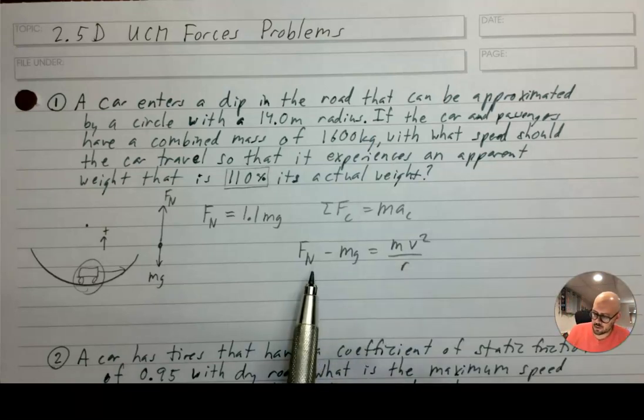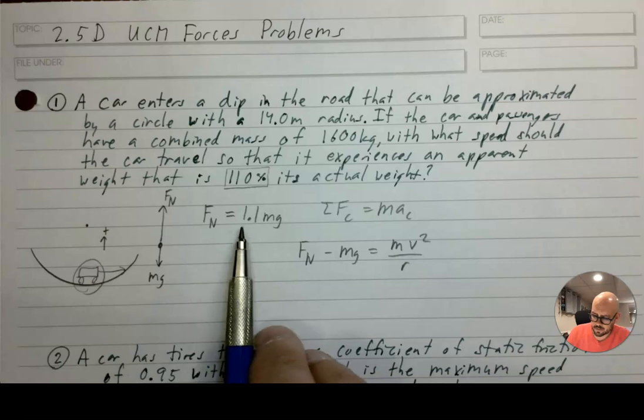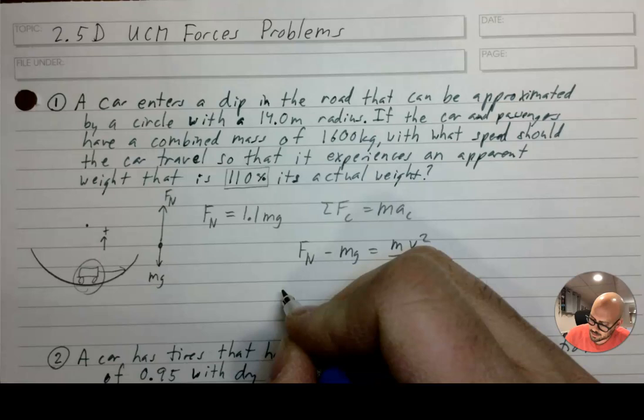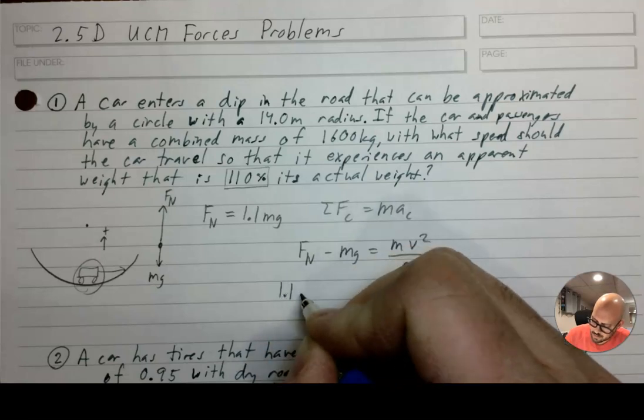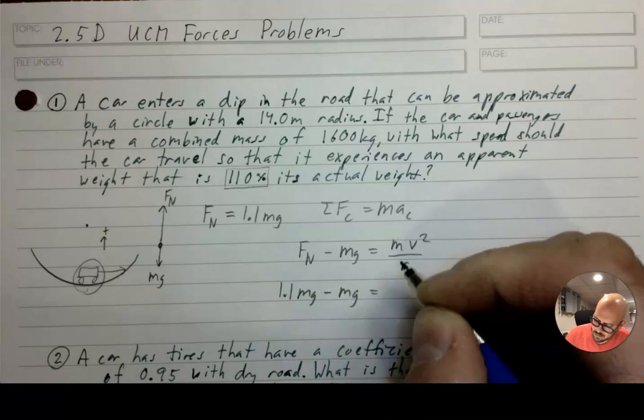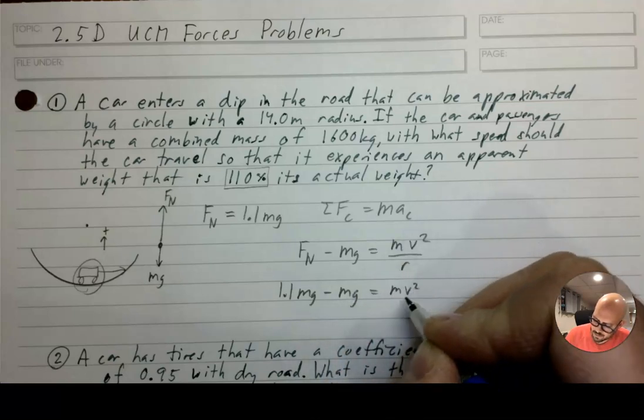I'm solving this for v. I'm going to start by plugging in my little ratio. So the normal force is 1.1 mg. I take away from that mg, and that's equal to mv squared over r.